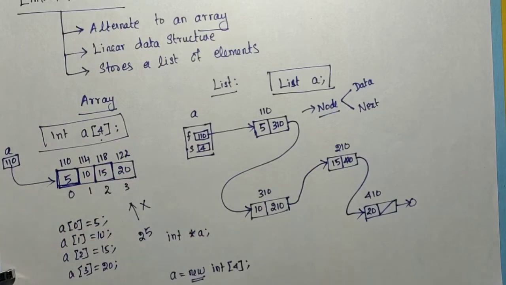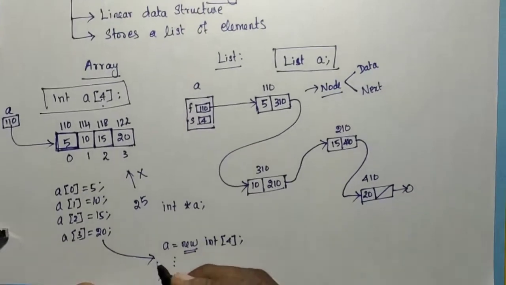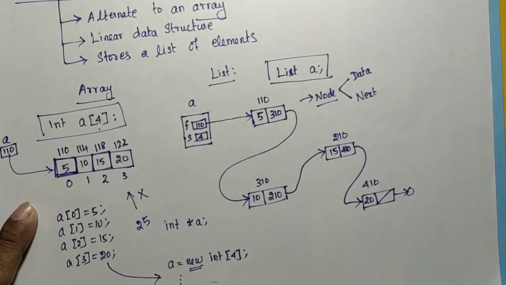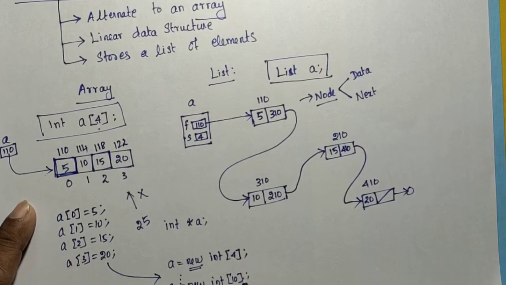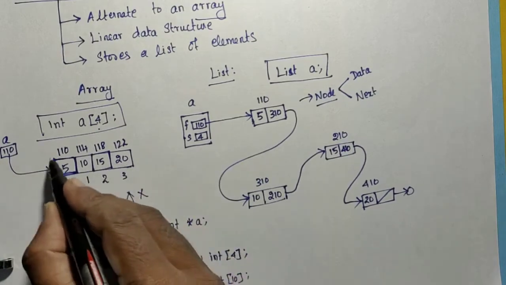Suppose after storing some elements here, you are storing again a equal to new int of 10, like that. It means that you are increasing the size dynamically. If you are doing it like this, it will create the 10 memory locations in some other locations, which means we are losing the original memory location 110.